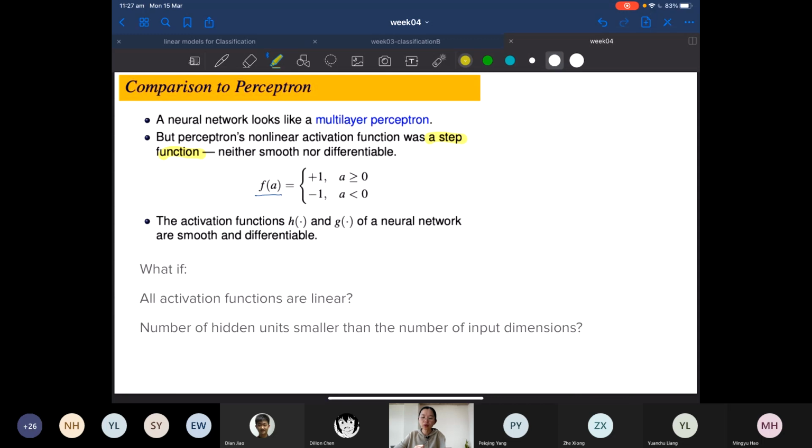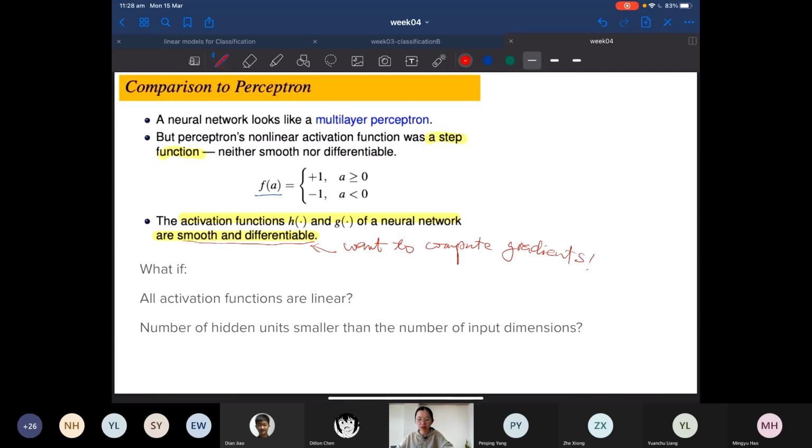Once we relax that assumption and allow many other activation functions, neural networks have these universal approximation properties that are very nice. That's the reason they are smooth and differentiable: we want to compute gradients, like we did before, and we want to find a good set of weights.